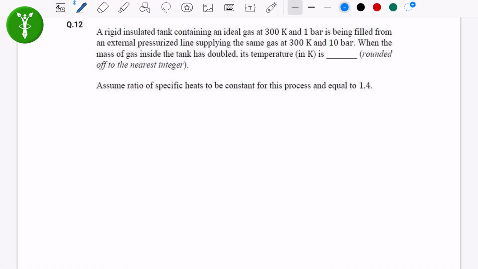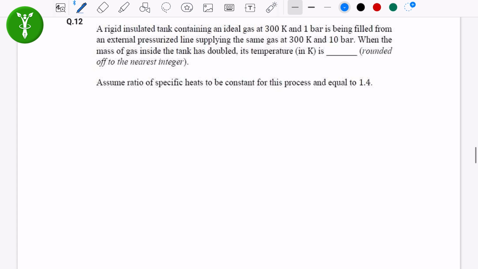This question is from steady flow analysis; I have already sent 2-3 questions from unsteady flow prior to 10 or 11 days before the exam. So this is very similar to that question. What is given? A rigid insulated tank. Rigid means work done by the control volume is equal to 0. Insulated means Q will be 0.